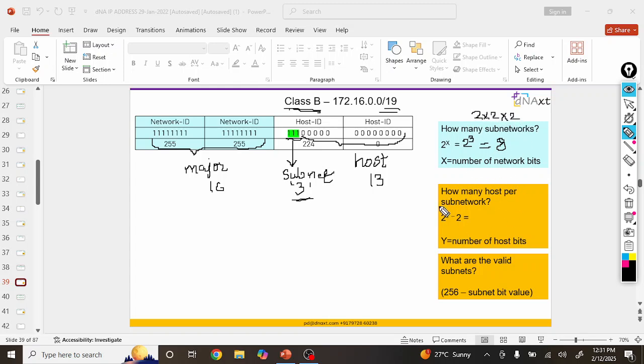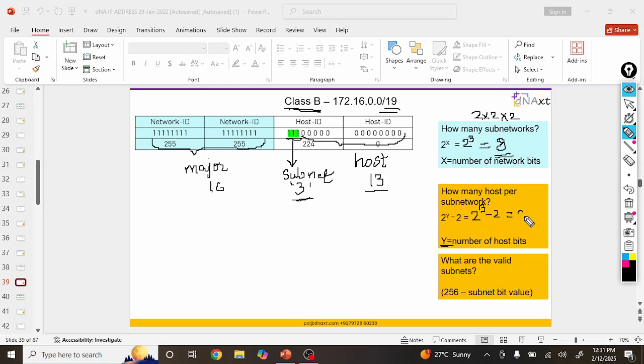And how many hosts per subnetwork? We are going to get 8 subnetworks. And how many hosts per subnetwork will we get? That is 2 to the power y, where y is the number of host bits. How many host bits do we have? 13. So we will write 2 to the power 13 minus 2. What is 2 to the power 13?